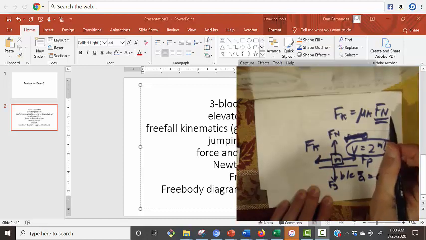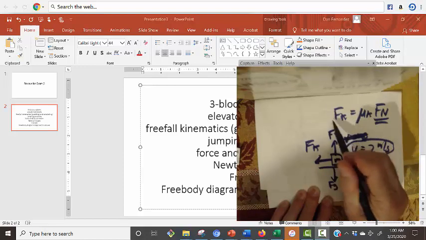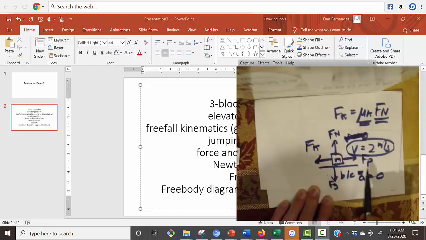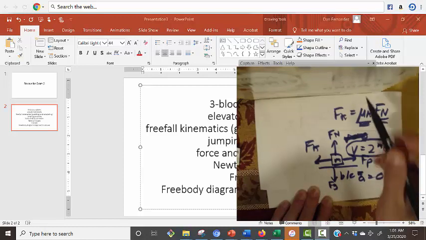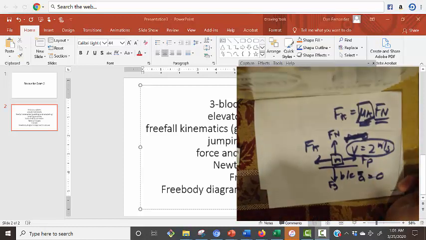So you calculate that normal force, multiply it by the coefficient of kinetic friction, get the kinetic friction, but you're solving for this because you know the kinetic friction has to be equal to the force at which you're pushing the object. That allows you to calculate the kinetic coefficient of friction, which is something you did in lab just a few days ago. That's as far as the exam will go.